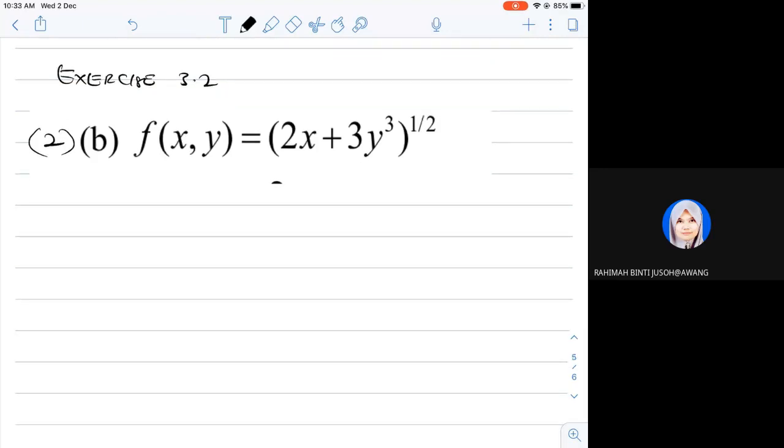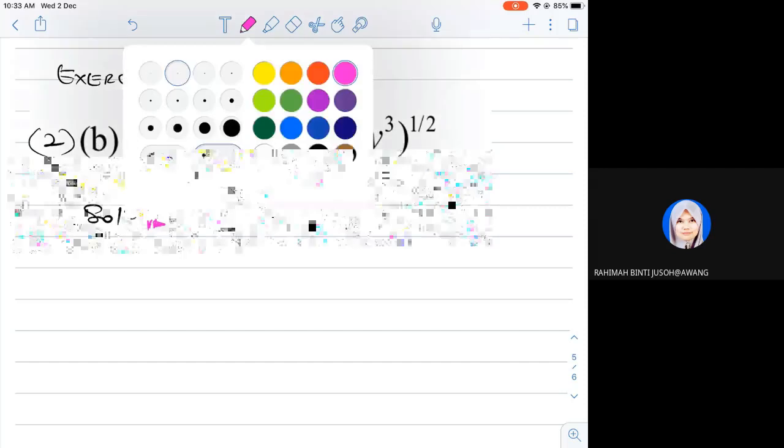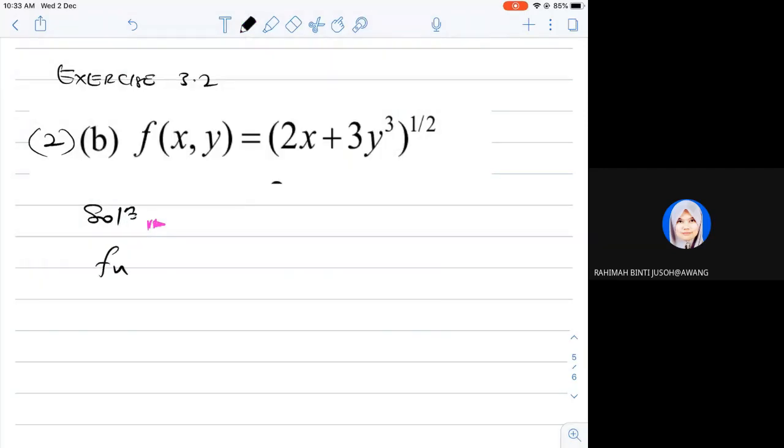Okay, so now we need to find the solution. We need to find fx. So fx, differentiate with respect to x. What happened to this power? We should bring this to the front. So we will have 1/2, 2x plus 3y cubed, and then 1 over 2 minus 1, right? Yes. So 1 over 2 minus 1 becomes negative 1 over 2, and then you have to multiply again inside this bracket. So we differentiate 2x, it becomes 2.